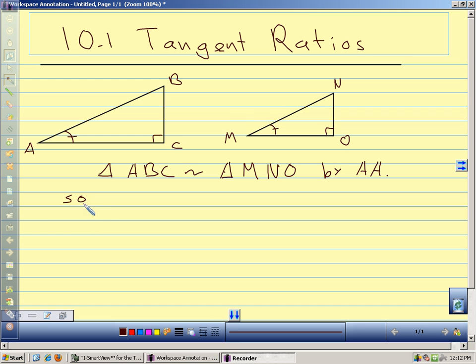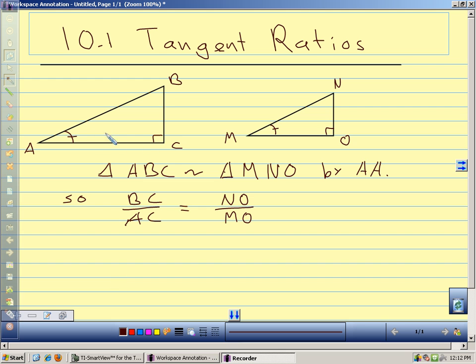So this tells us we can write that BC over AC, this side divided by this side, and we're talking about lengths here, equals NO over MO. When we have similar triangles, that will always be the case.